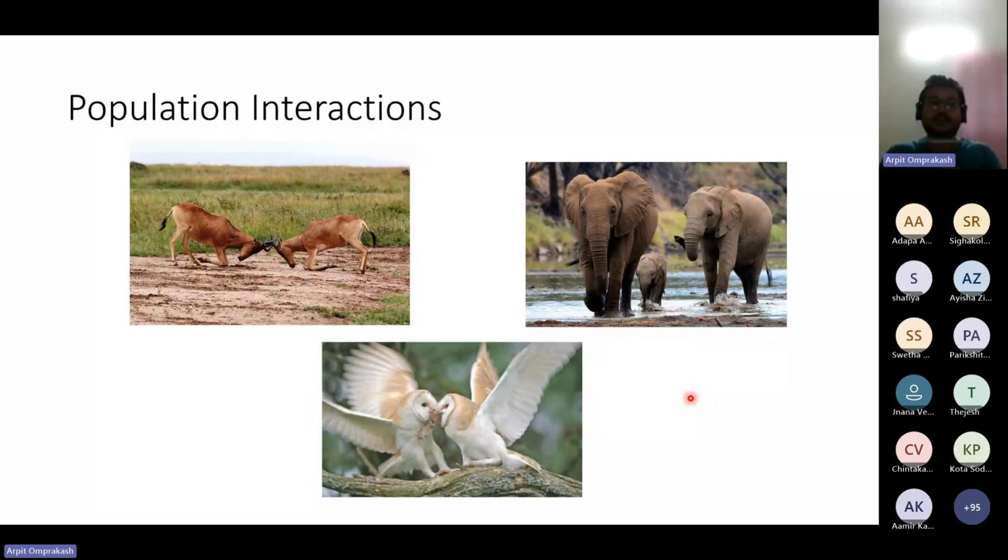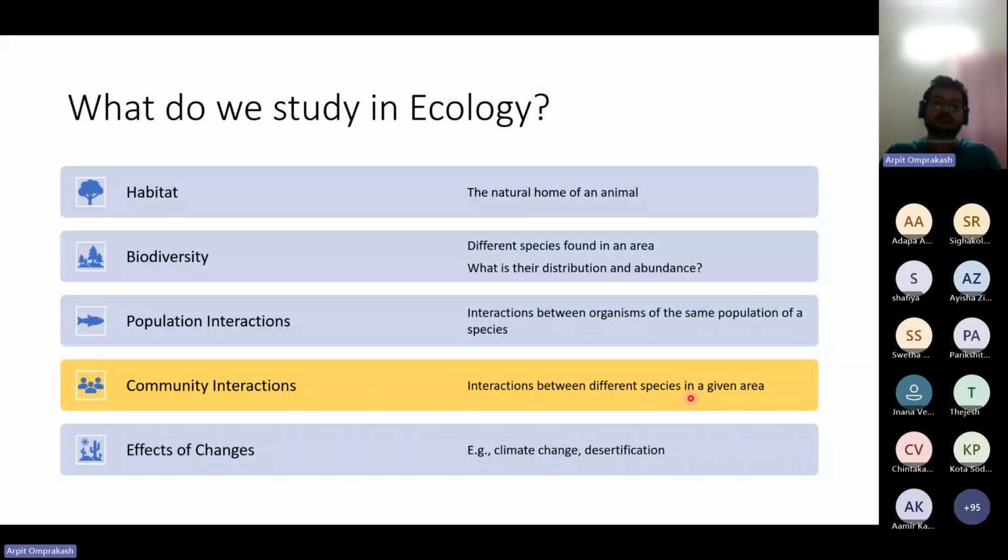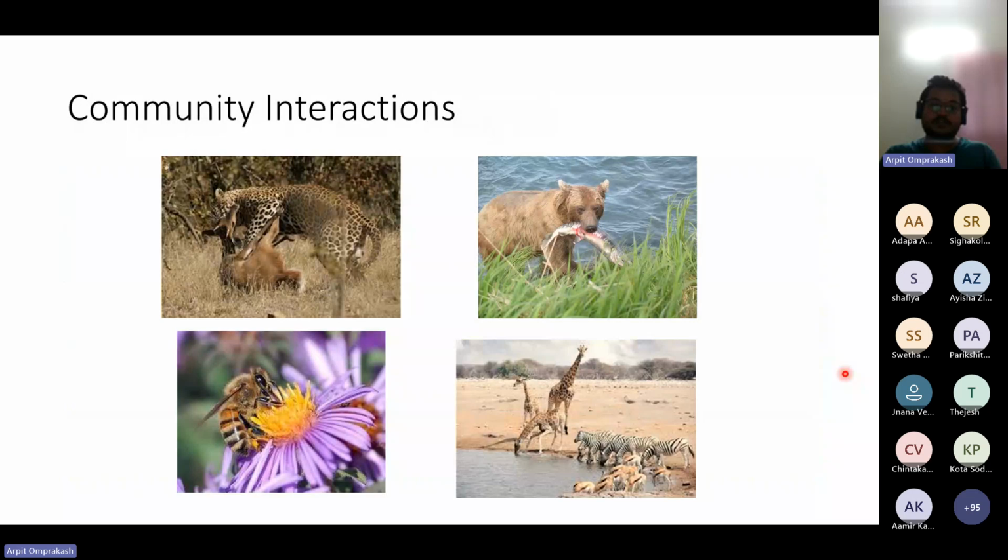The next is community interactions. Community interactions are interactions within a given community, and a community is all the different species that are present in a given area. Community interactions can be of various types. For example, predation, where this leopard is killing this buck, or a bear killing a fish and eating it.